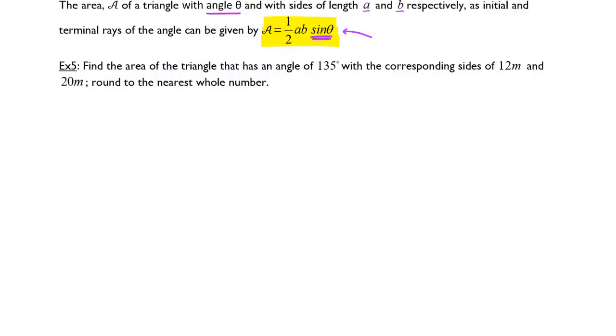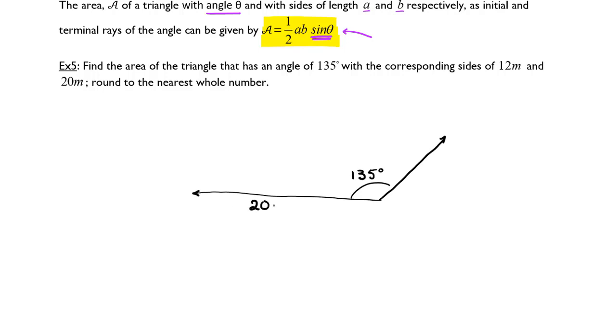Let's see if we can sketch an approximation for this example of 135 degrees. That means that it's an obtuse angle, 135 degrees, with sides corresponding 12 and 20 meters.